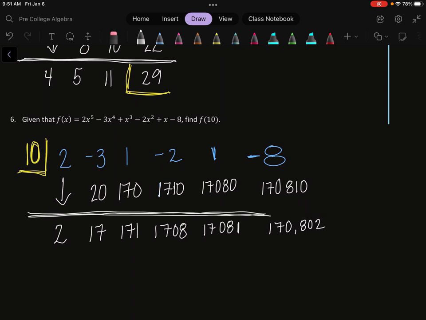So we got 10, store. Okay. And again, this would just be plugging it in.